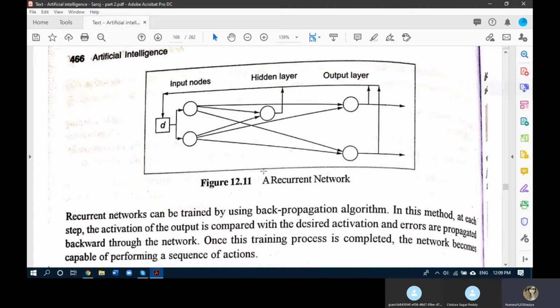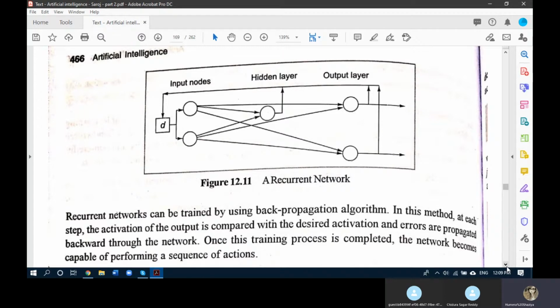So primarily, recurrent neural networks contain cycles, are used for language and time data analysis, and are trained using the backpropagation algorithm.